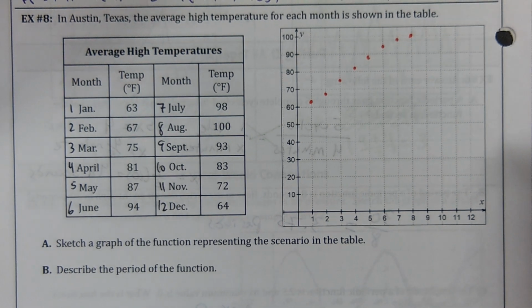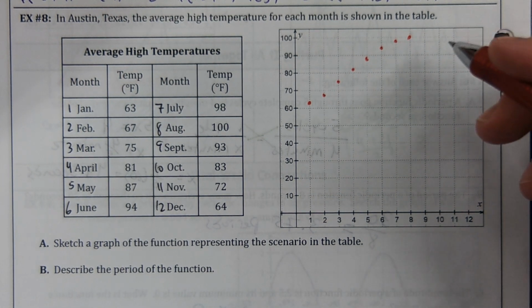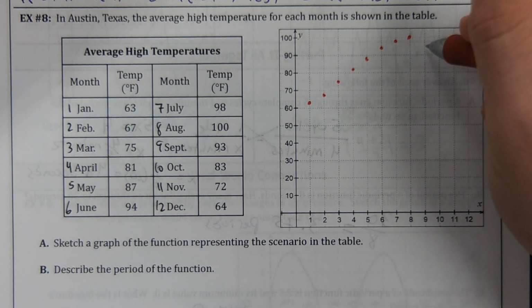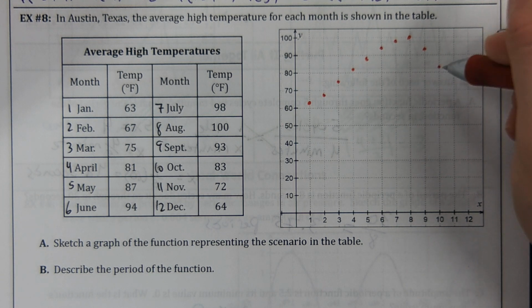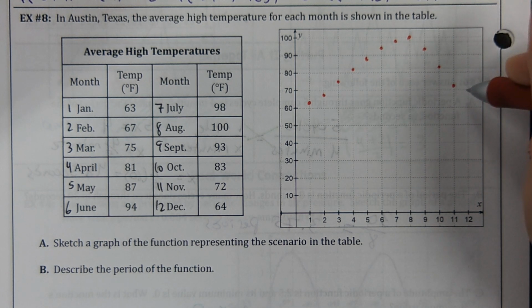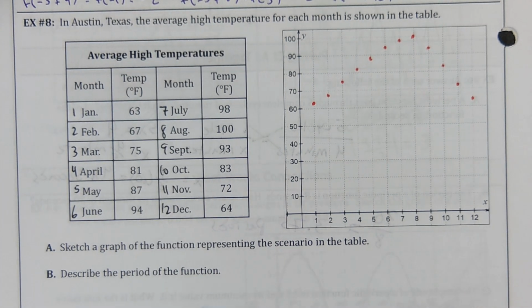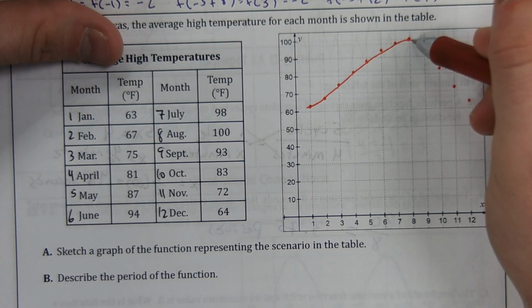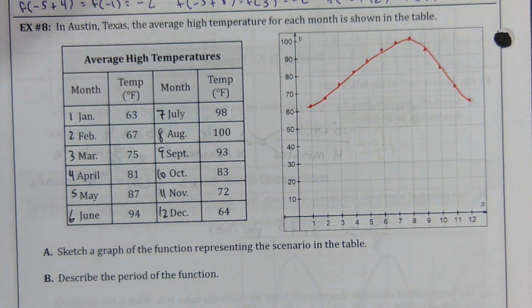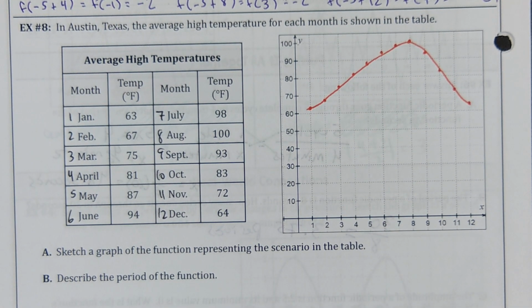And then it starts to cool off again. September, 9th month, 93. Then 83. 72. And then 64. There, we sketched a graph.